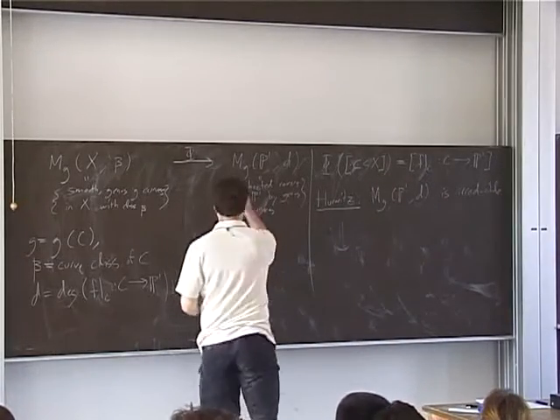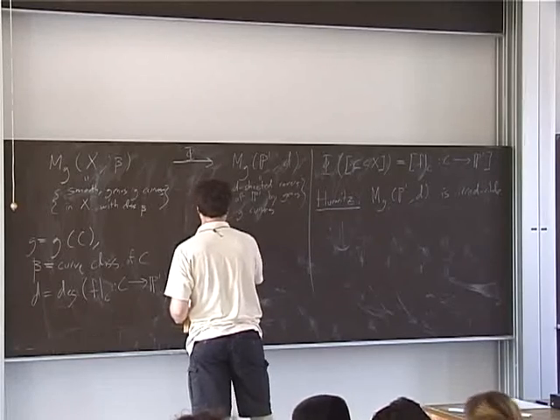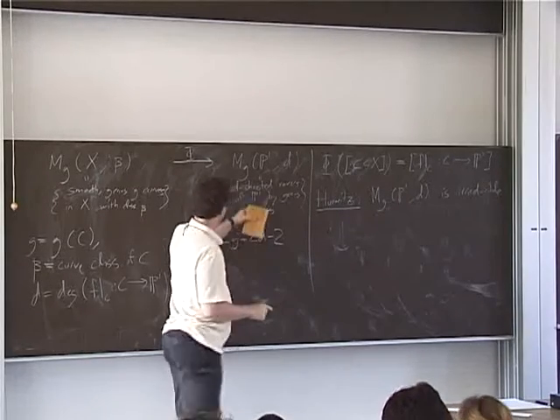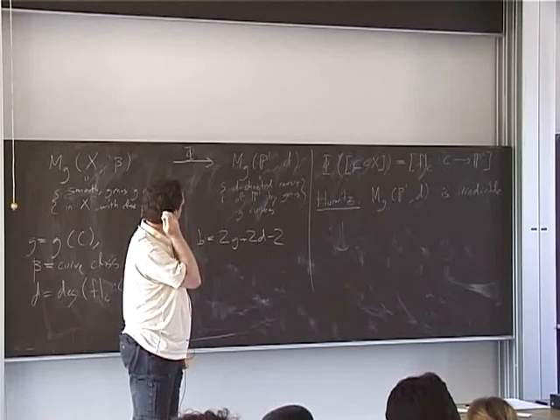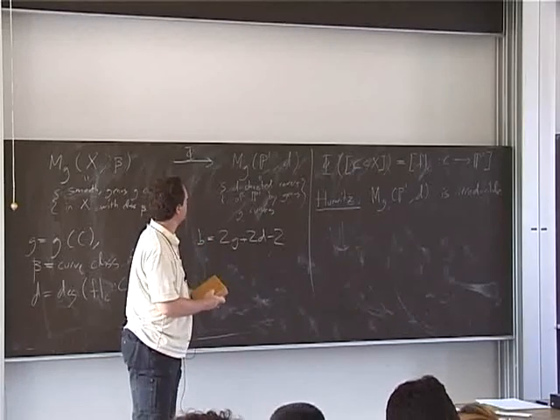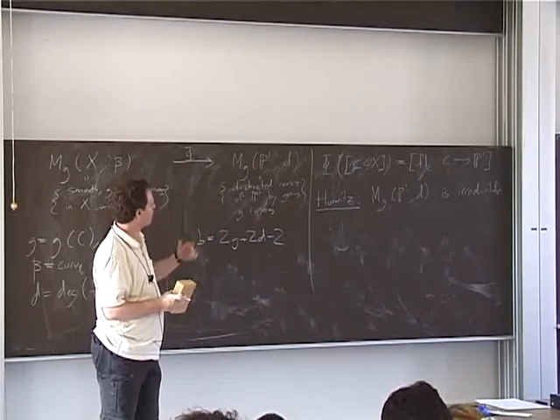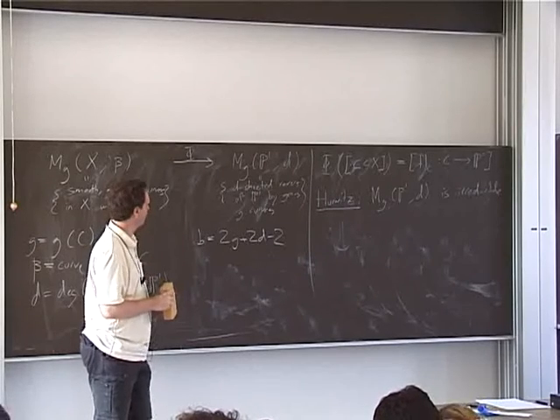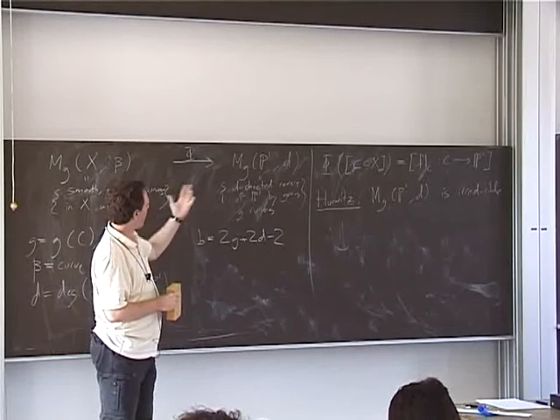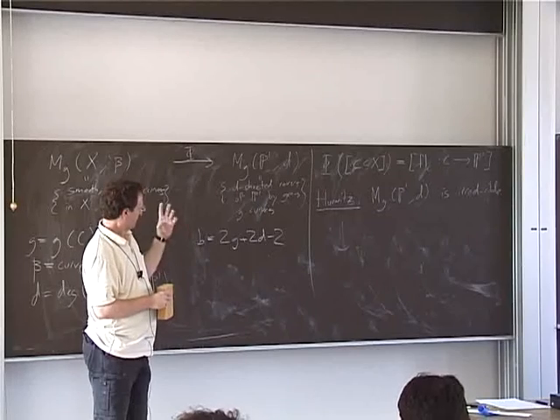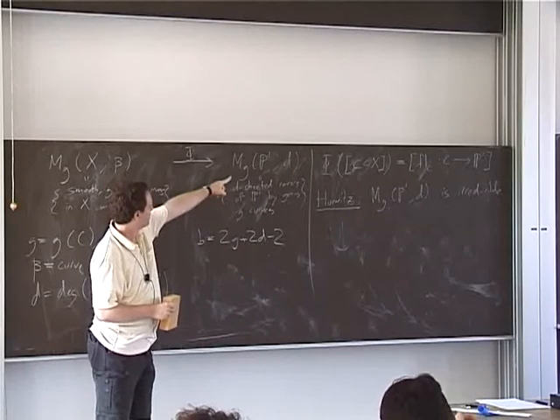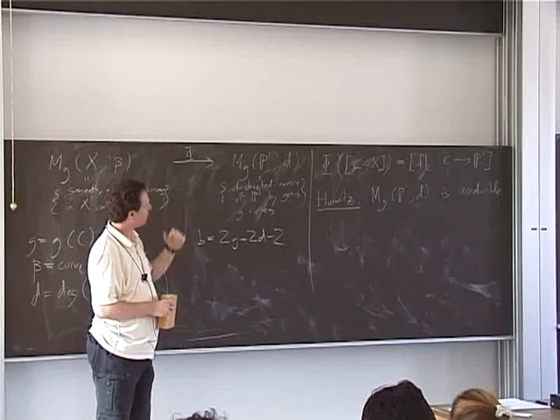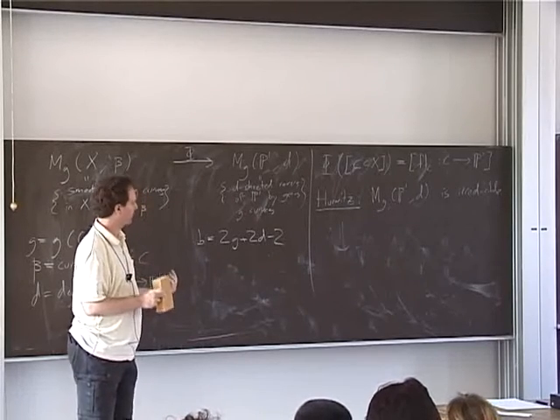So, I mean, by Riemann-Hurwitz, the number of branch points is 2g plus 2d minus 2 for this covering. And M_g(P1, d), a general point, will be a simple branch cover, so all branch points will be distinct and simple branch points. And then there's a map from M_g(P1, d) to the space of b-tuples of points in P1. You have those b branch points. And the fiber of that map is something that you can understand topologically.